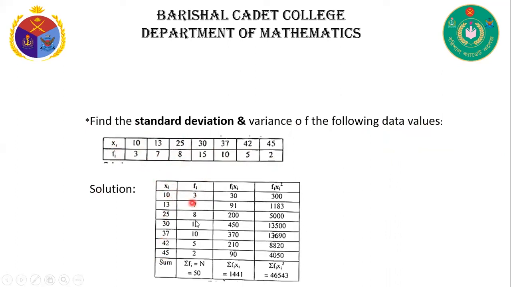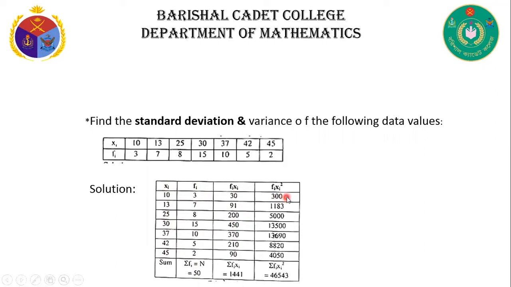We know the sum of the frequency, that means capital N, is equal to 50. And fi xi, multiplying these two: 10 into 3 is 30, 13 into 7 is 91, 25 into 8 is 200, 15 into 30 is 450, 37 into 10 is 370, 42 into 5 is 210, 45 into 2 is 90.